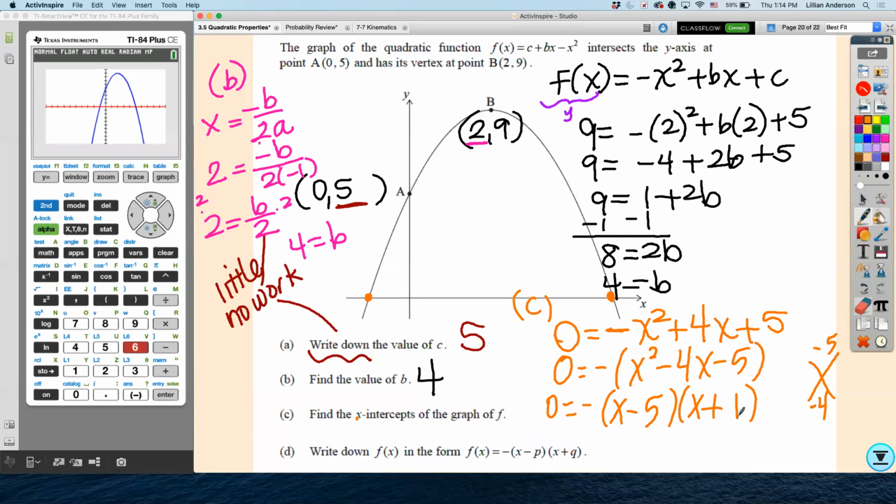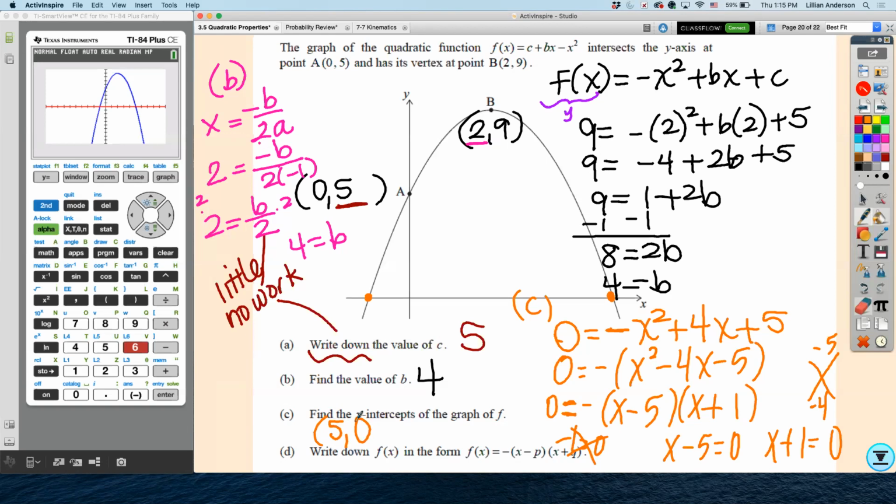I'm already done. So then I just set these two factors equal to 0. I have a question. What about the negative in front? Doesn't matter because it's a -1. So you just put that in there. If I put -1 equal to 0, that's not possible. So then that's out. So that's how we get 5 and -1. That's how we do it algebraically as well.